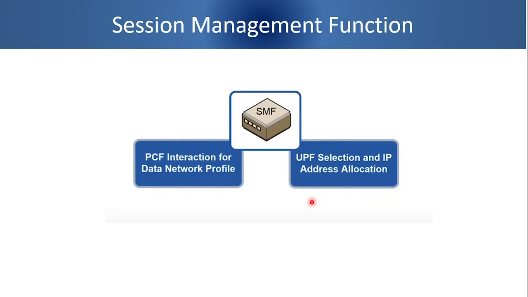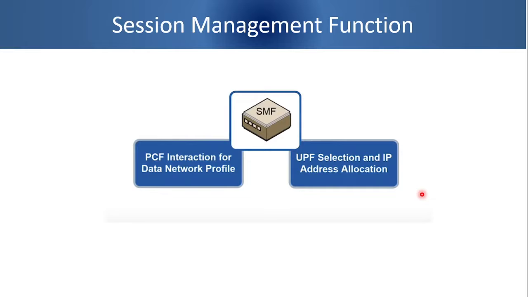So a particular set of rules are to be applied onto the UPF, because when data is coming from an application, it will come to UPF from the application side, and then UPF needs to filter that data and apply a proper QoS flow.